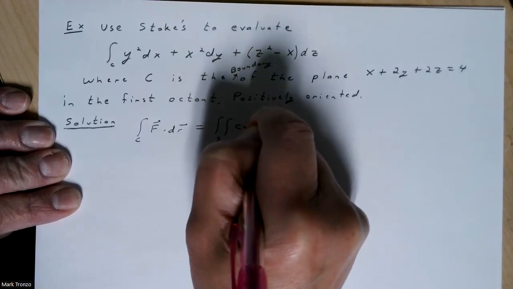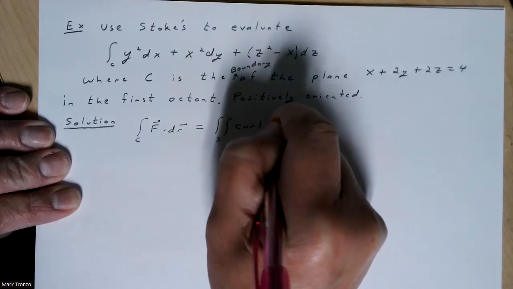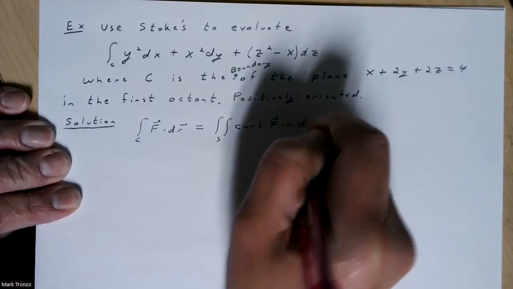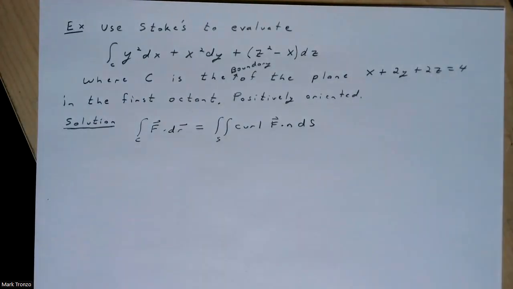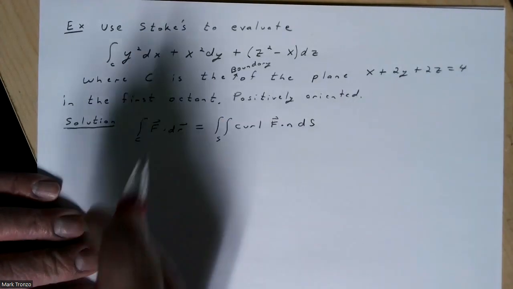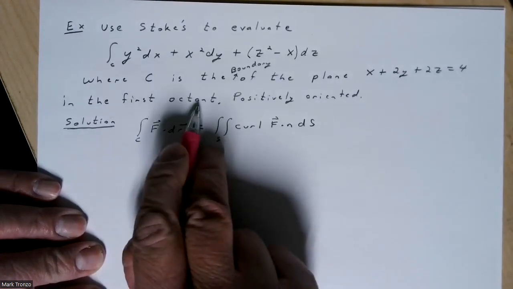And we'll use this form, curl F dot n dS, like this. And so let's take a look at this. So starting out at the beginning here, notice that it's this plane here. And so it says in the first octant.